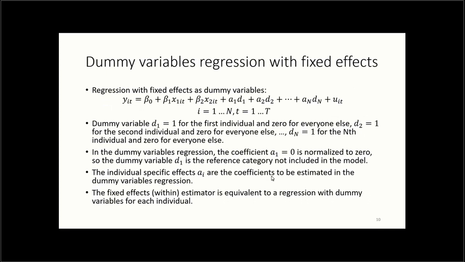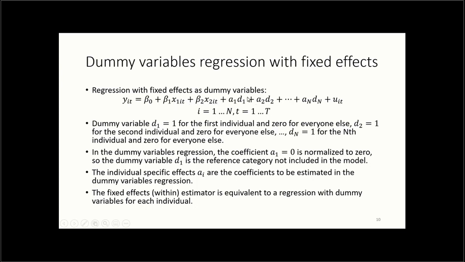Instead of doing a fixed effect within estimator, we can do a completely different procedure that actually would end up with the same results. So that's what we can accomplish with dummy variables regression with fixed effects. So here what we can do is we have the original model and variables like that.